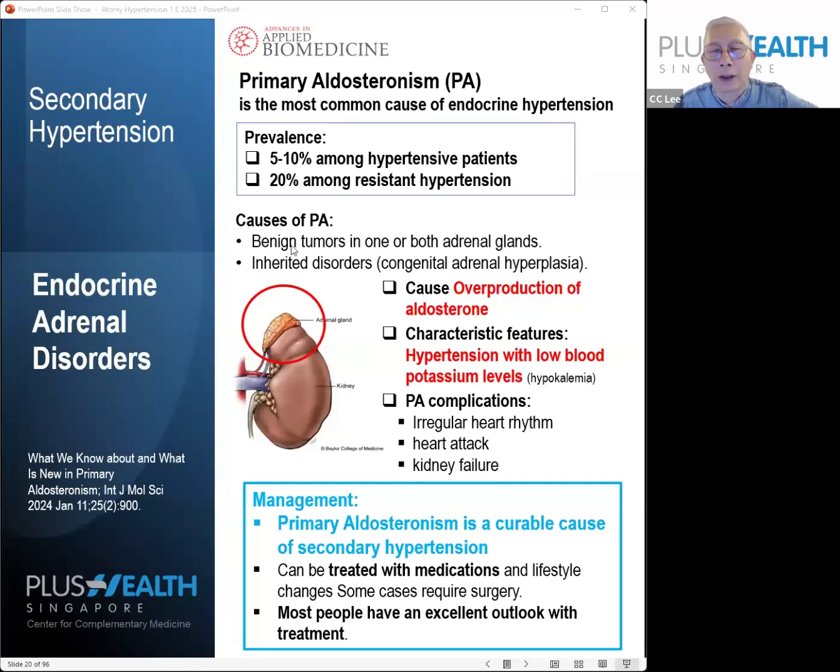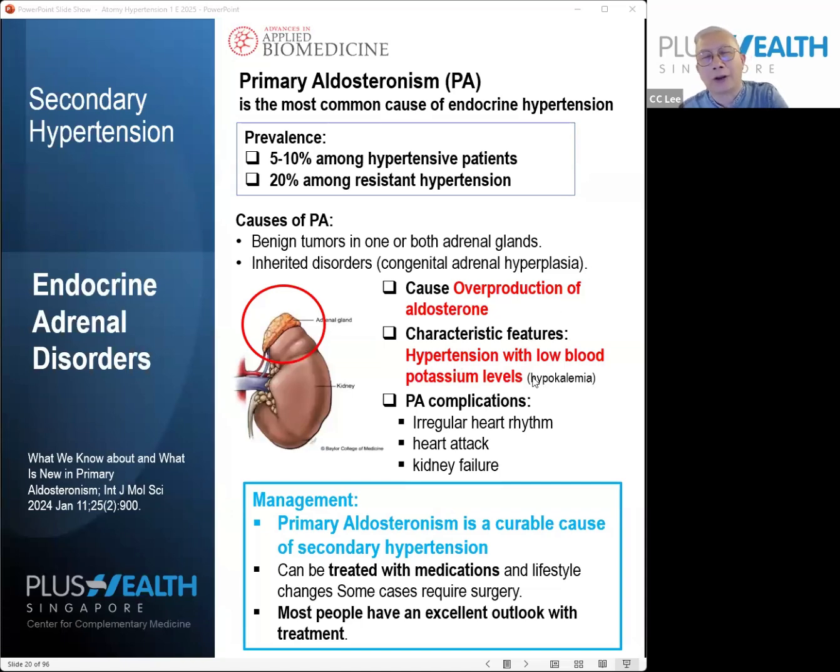Now, this disorder often causes overproduction of aldosterone, which is a hormone, right? And the characteristic of this condition is that you will suffer from hypertension with low blood potassium level. We call it hypokalemia, which is a typical symptom of low potassium in the blood, but you are suffering hypertension, right?